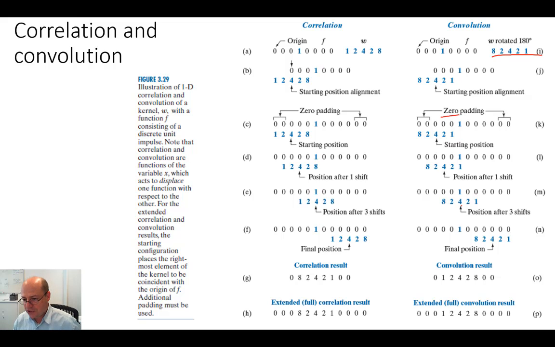You do the sum of products, substituting all the resulting value in the middle pixel, and the result of convolution is then, well, in this case was just the kernel, the original kernel, right? 1, 0, 1, 2, 4, 2, 8, 0, 0. So that's just an example.